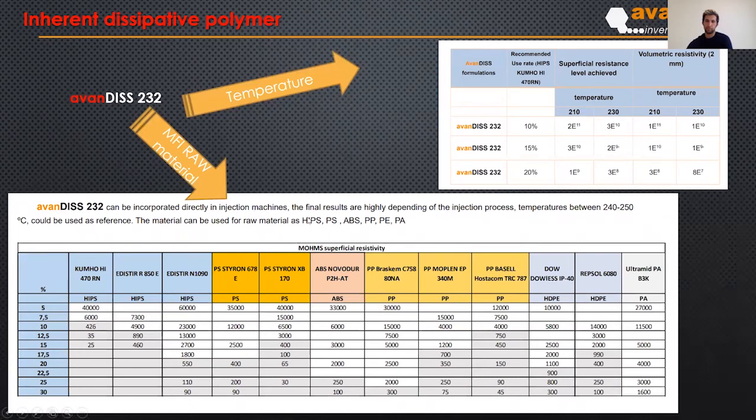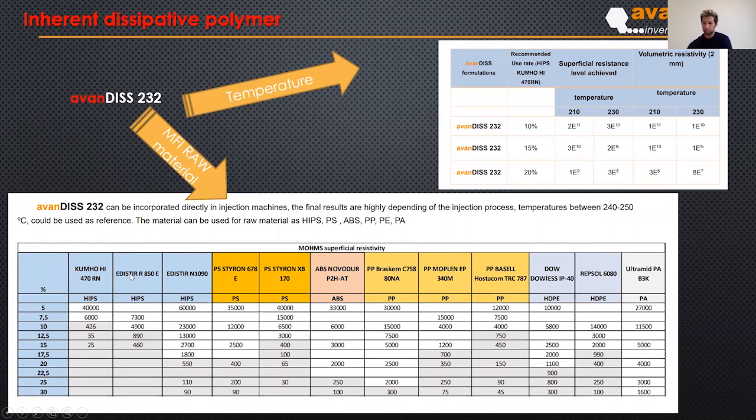Another important point is the MFI and the raw material. Here, for example, we have three different HIPS, the same as in the previous test, the XDIR 850 and the XDIR 1090. This test was done at high temperature, 240, 250, more temperature than here. If you work with Kumo with 12% more or less, you will be in the range of lower than 100 megaohms.